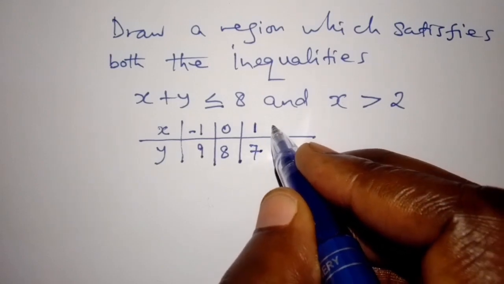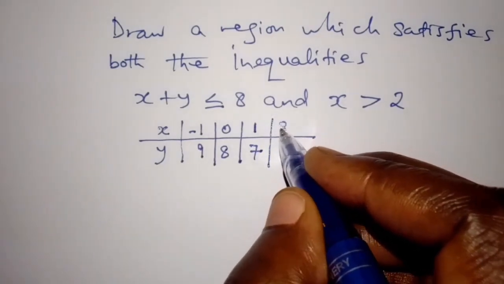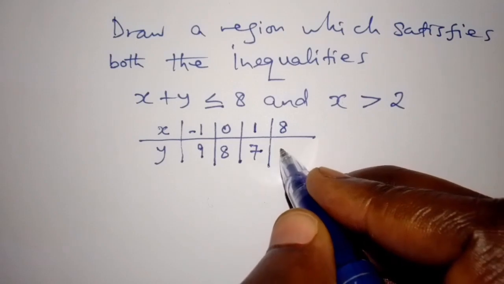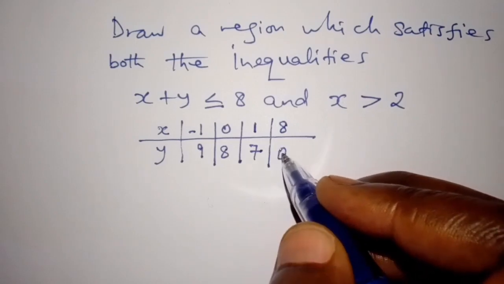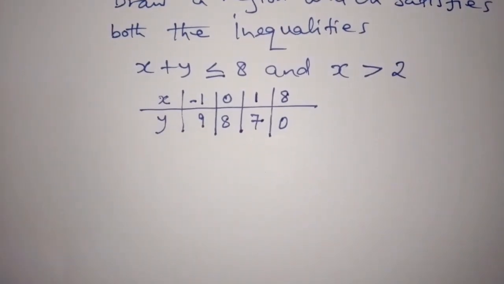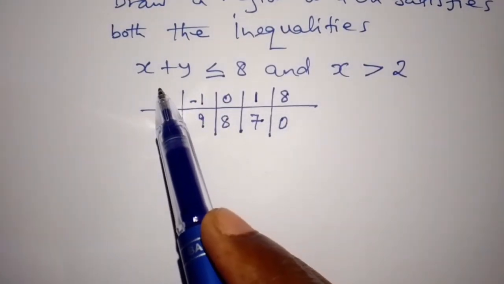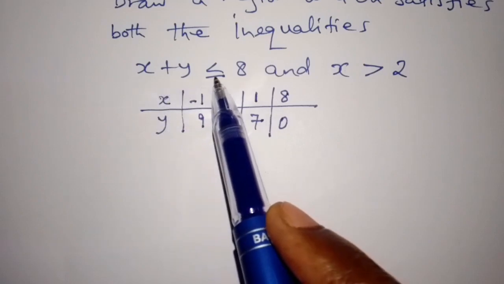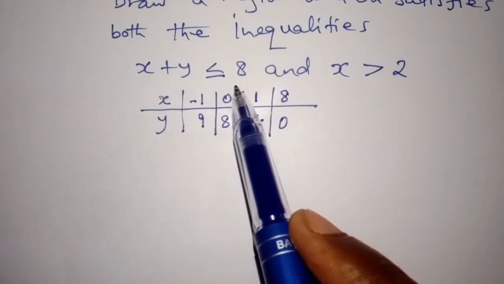When x is 8, y will be 0. So we use these coordinates to sketch our graph of x plus y is less than or equal to 8.